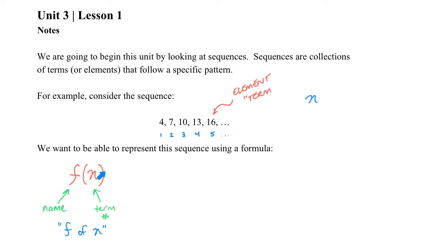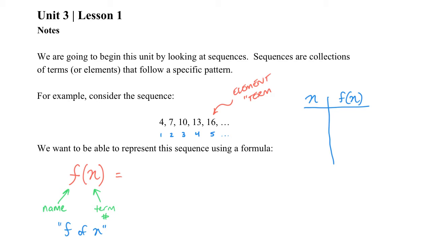It's a way of saying that whatever comes after this equal sign will generate the nth term of the f sequence. That's basically what that's saying. So going back to our table over here, we want n, and then we want f of n. It's kind of like an output. If you're familiar with input-output, n is going to be our input and f of n is going to be our output.